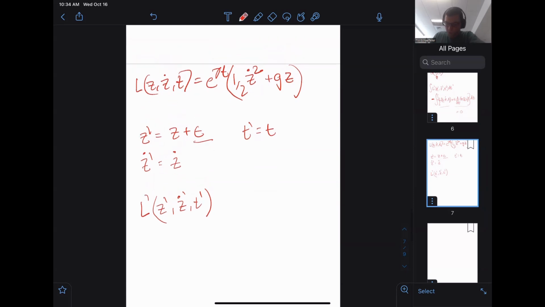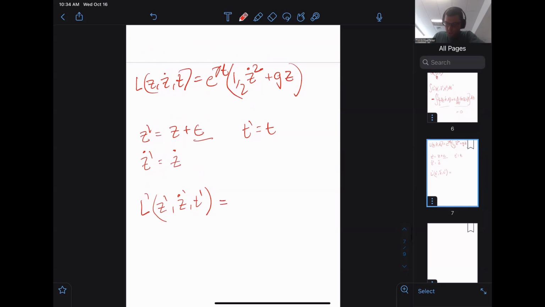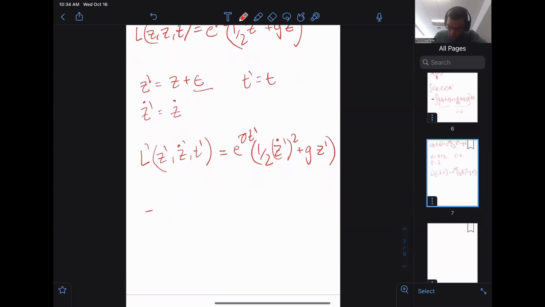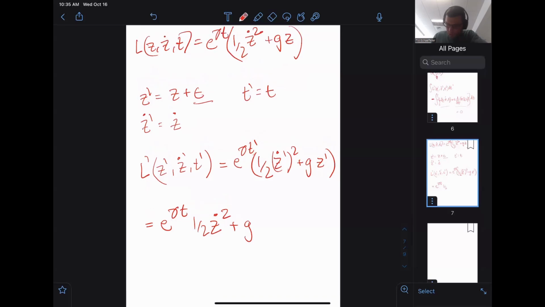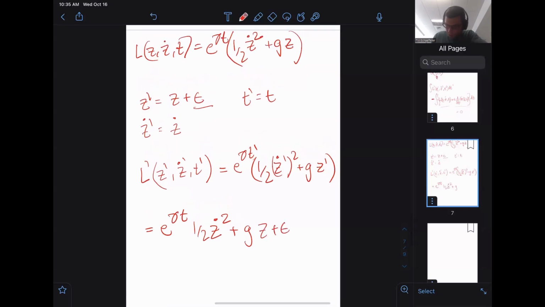So this is equal to z dot prime squared plus g, equal to g. And here all we have to do is add this epsilon.